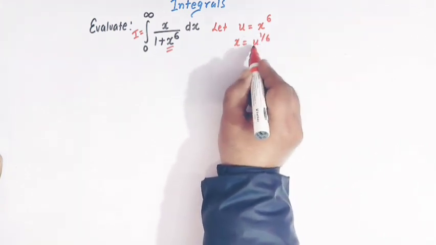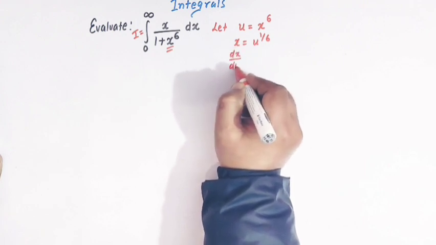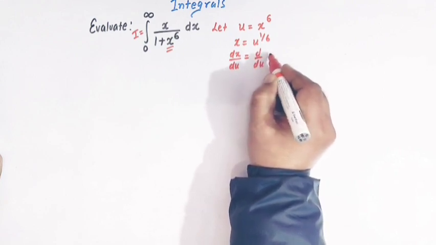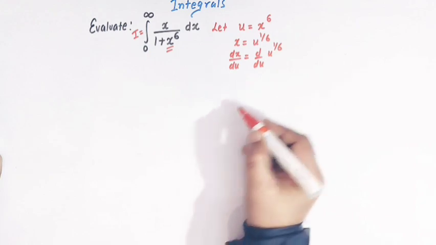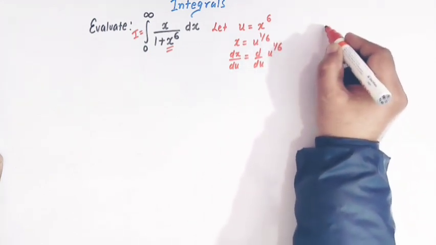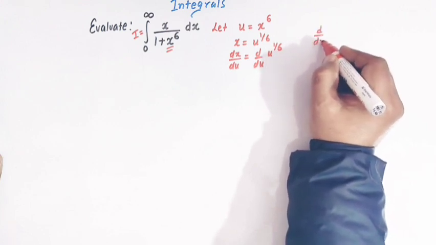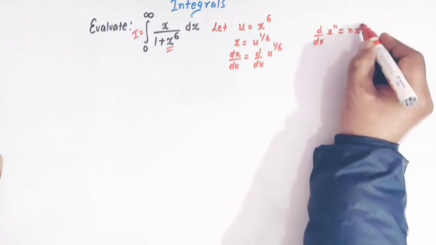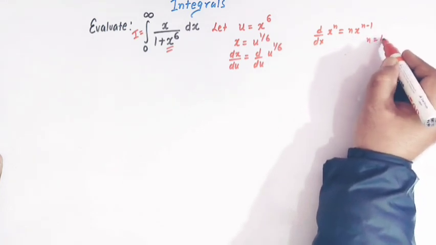So now let us differentiate x with respect to u. So we have dx over du is equal to the derivative of u raised to 1 over 6. Here we can use the famous rule in differentiation, that is the derivative of x raised to n is n x raised to n minus 1. Here n is 1 over 6.